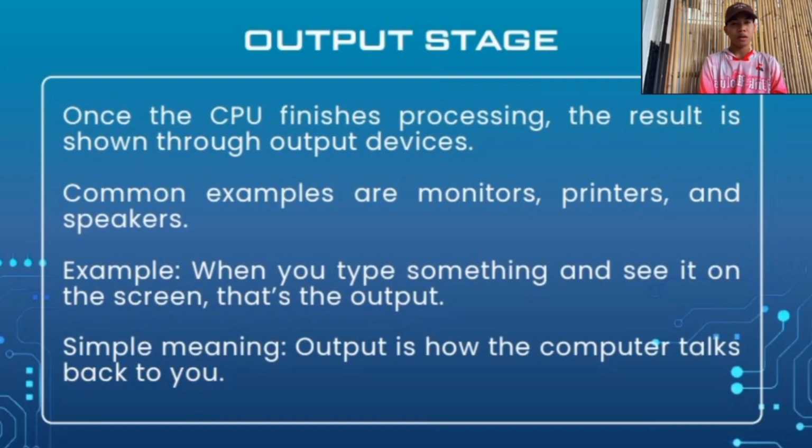Common examples are monitors, printers, and speakers. For example, when you type something and see it on the screen, that's the output. So the simple meaning is, output is how the computer talks back to you.